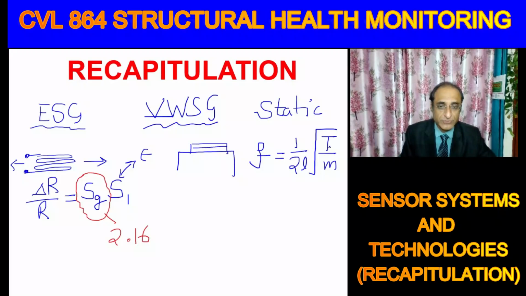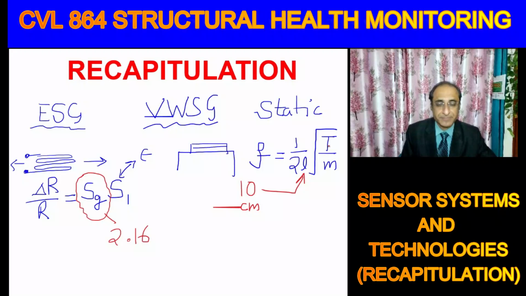We can do the conversion of this formula, and of course L also comes into the picture. The value of L I have yet to tell you. This L is basically 10 centimeters. The value of L that day was omitted, so this is 10 centimeters.